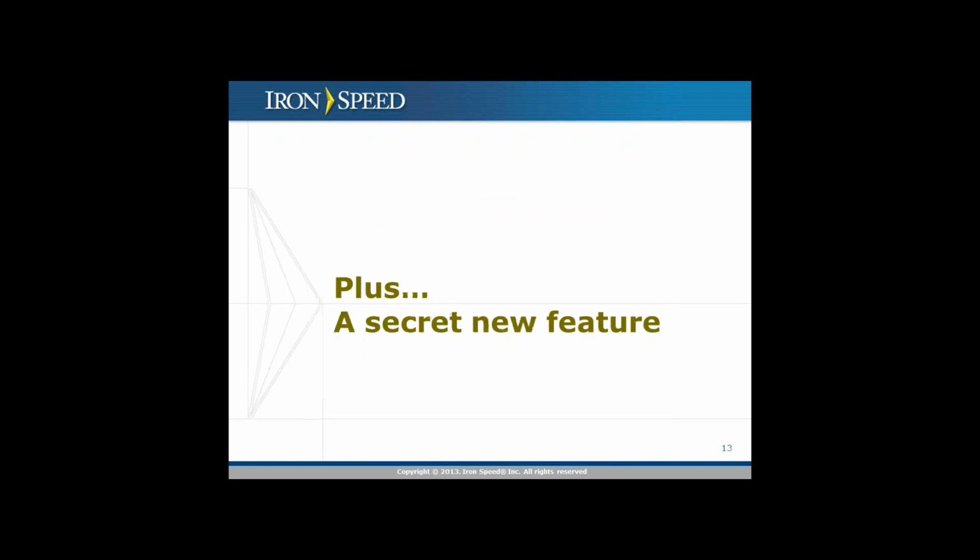Plus we've added a secret new feature that we don't really talk a lot about, but is a lot easier to show you than to explain. The short explanation is this. We've added a capability in Iron Speed Designer V10 where you're now able to link and use tables from multiple databases where the databases, the tables and the field names can all have the same name.